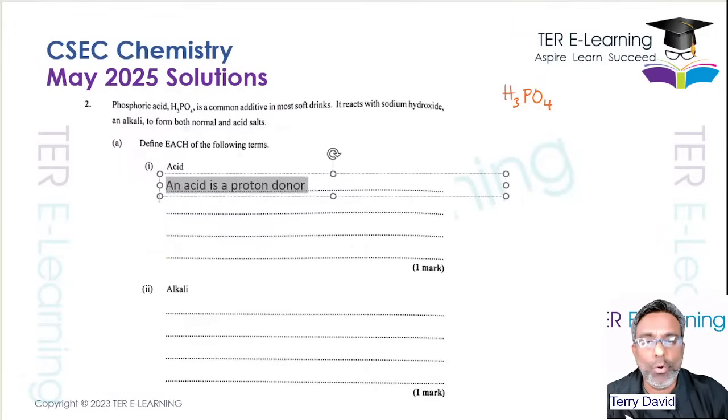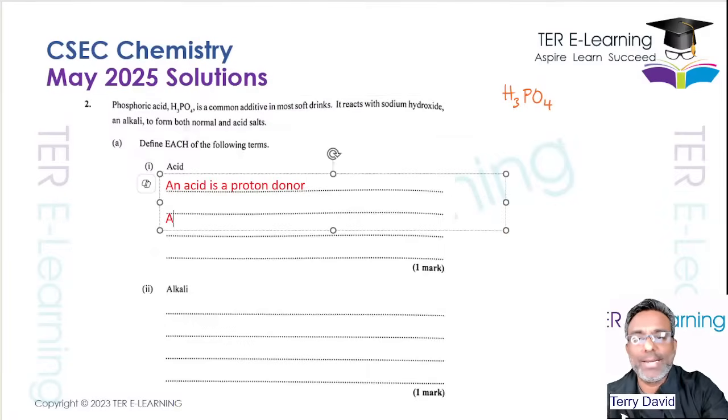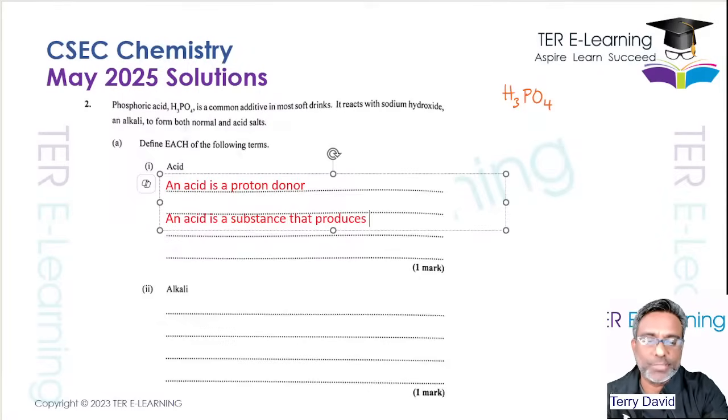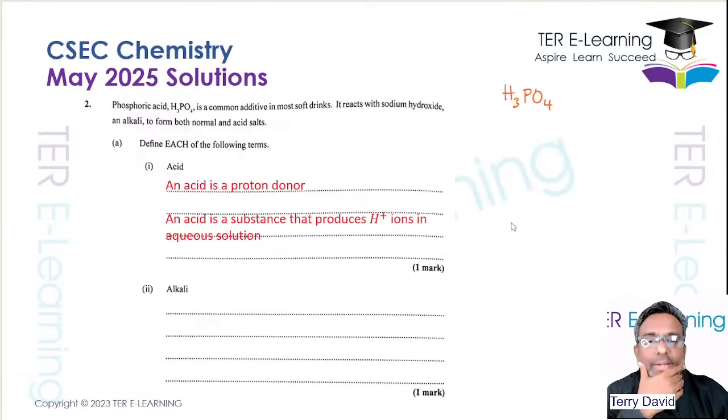Or you can also say an acid is a substance that produces hydrogen ions, or you can say H plus. So any one of these two should be able to get you a mark. It's only one mark.